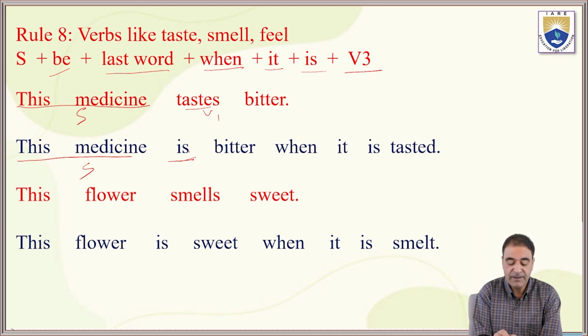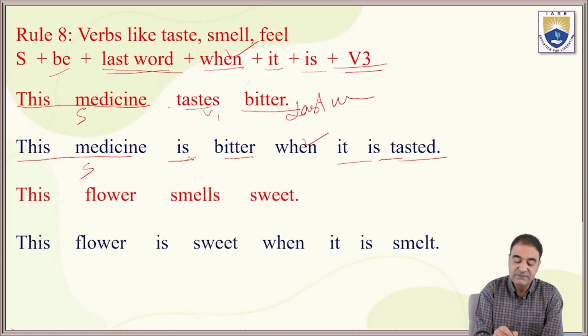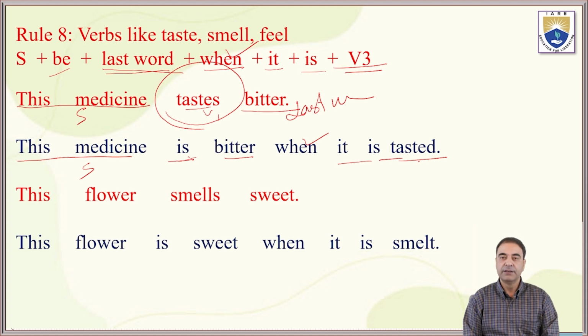This medicine is. Then put the last word. What is the last word in this sentence? The last word is bitter. This medicine is bitter. Then when, then it is verb in third form. What is the third form of taste? It is tasted.